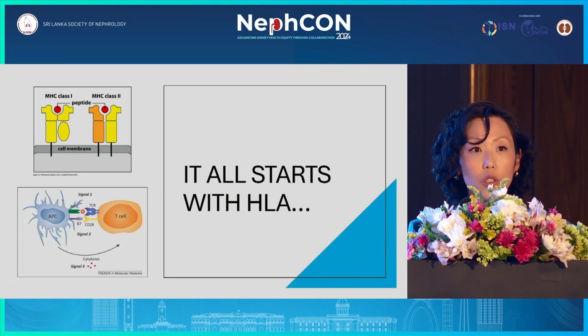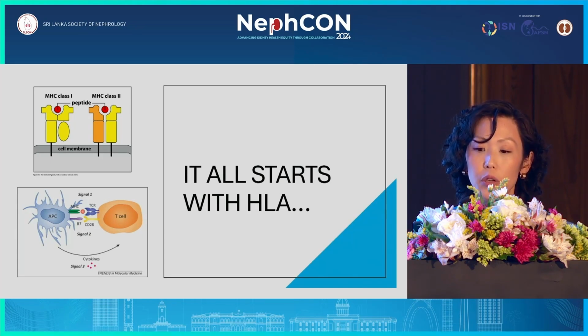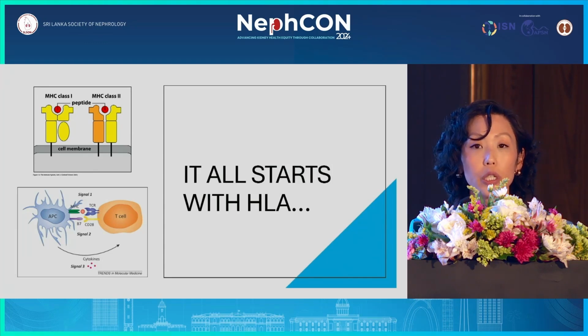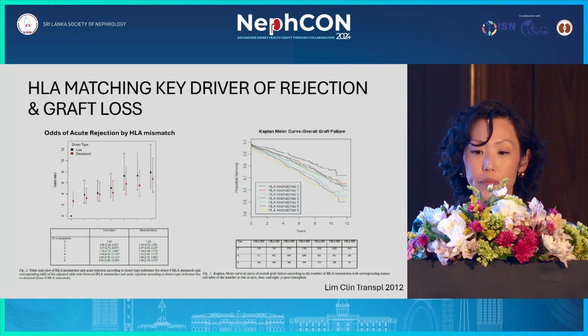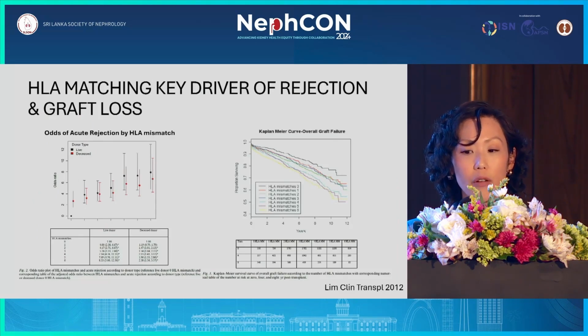And in the context of transplantation, antigen-presenting cells present fragments of donor HLA molecules to the T-cell receptor, which leads to T-cell activation and an alloimmune response. HLA mismatch is therefore a key driver of the alloimmune response, and the degree of HLA matching plays significant roles in transplant outcomes.